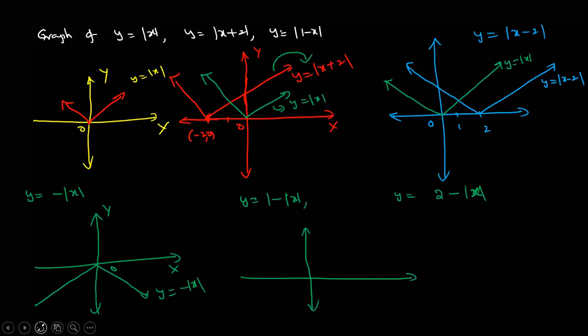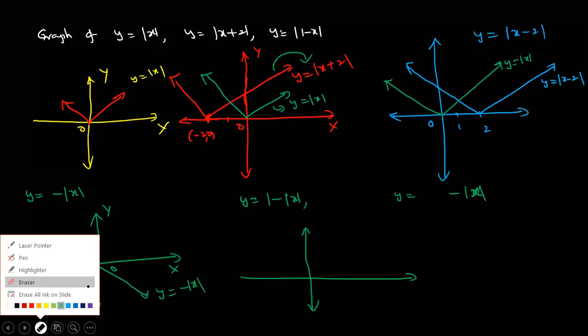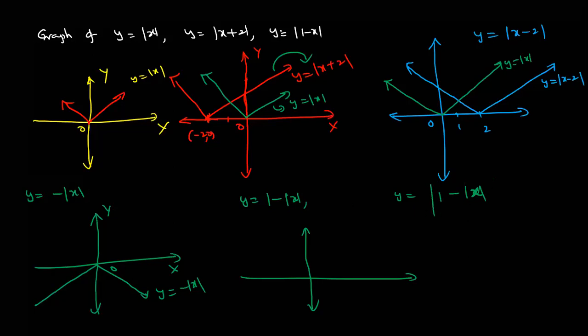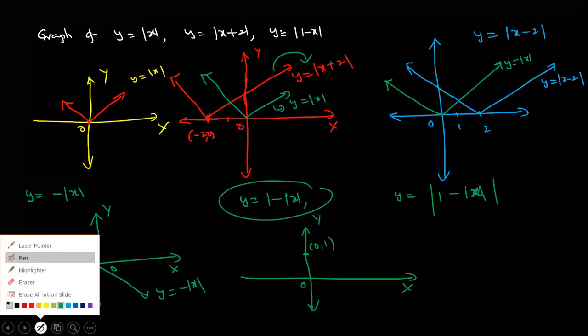Better I will take the same graph, modulus of 1 minus mod x. Dear students, see. Put x is equal to 0. What is the point? Passing through 0, comma 1. What is the value of y? 1. That means here, see, the graph is coming like that.